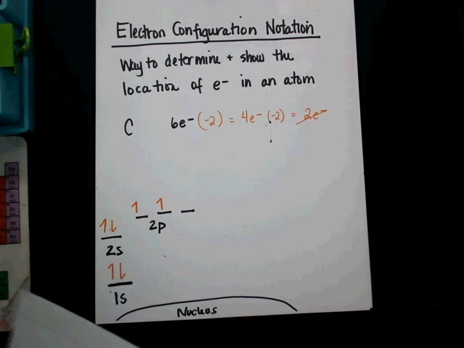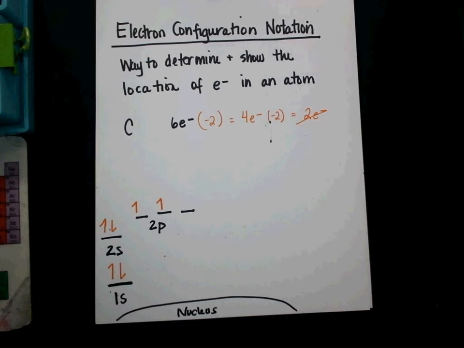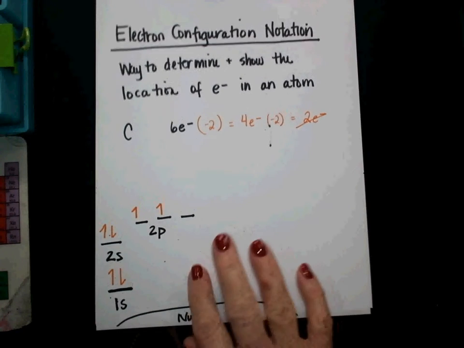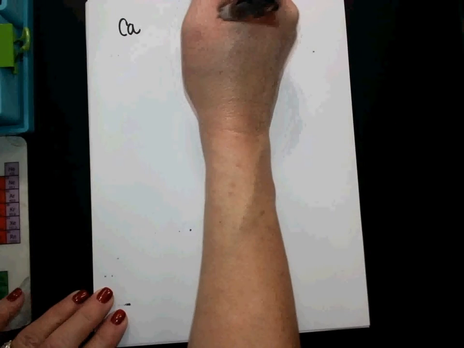Now let's look at one that's a little harder. Let's try calcium. It's sort of middle of the road. How many electrons does calcium have? You should be able to know without your periodic table. 20. Okay. 20 electrons.